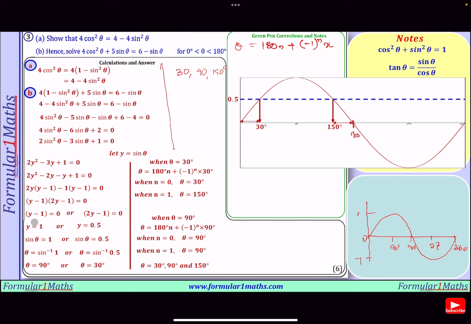Now we know that we got 1 here, and so 1 will be here all the way, and it's only one value we get, and that's 90. If we had gone beyond that, then we would get more values for this particular angle, but we are restricted in this range, and so we get only one value. So two ways of getting these values: the formula method, which is this, and then the graphical method.